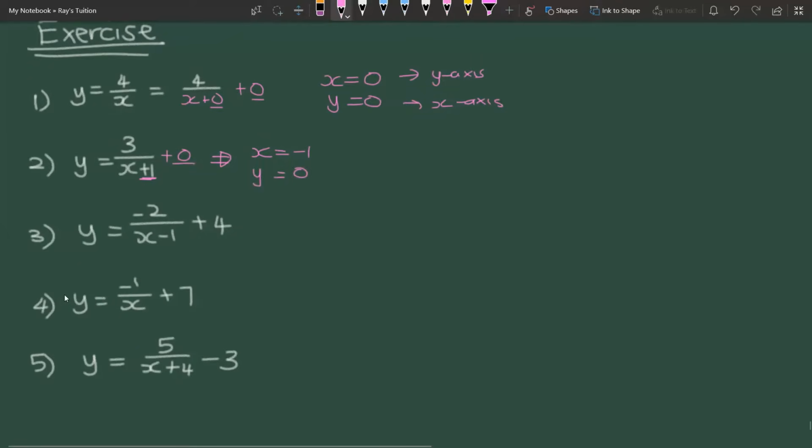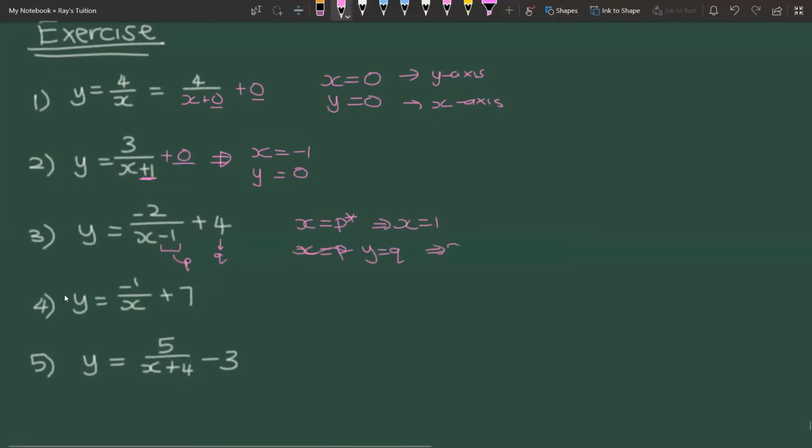So having a look at this one here, we can see here's our p value and there is our q value. So for our one asymptote, we have x is equal to p star and our p is -1, so we need to change the sign, so it's x is equal to 1, and the other one is y is equal to q.